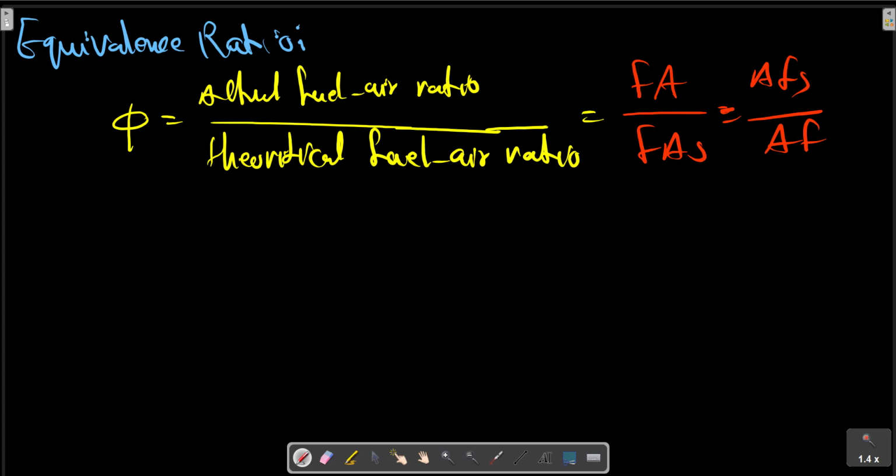Since the percent theoretical air and the equivalence ratio are both ratios of stoichiometric air-fuel ratio and the actual air-fuel ratio, the molecular masses cancel out and they are the same whether a mass basis or a mole basis is used.